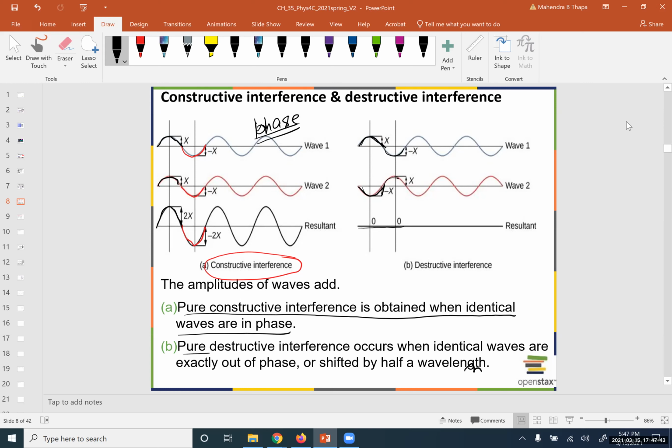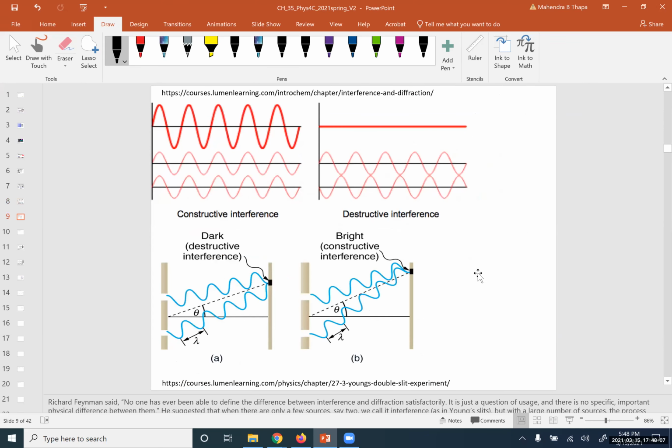Again, pure destructive interference occurs when identical waves are exactly out of phase. The out of phase scenario means the trough and crest happen at the same time. So in this picture, we see that the waves are going to reinforce each other.